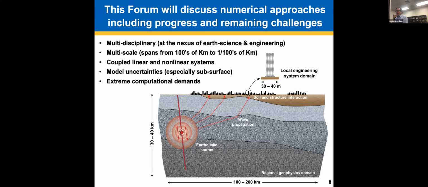There are a lot of uncertainties in this problem parametrically, particularly for the subsurface, where our geologic realizations are challenged when we start to compute ground motions at very high frequencies. So we've got a session devoted, for example, to looking at techniques for improving our geologic understanding and how we handle that uncertainty in the geologic structure. And then finally, there are extreme computational demands associated with this problem.